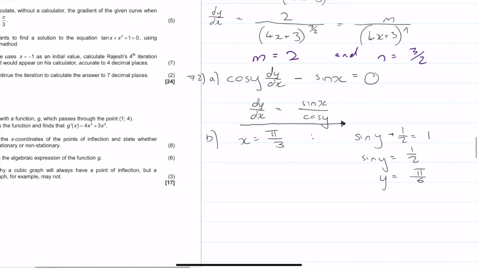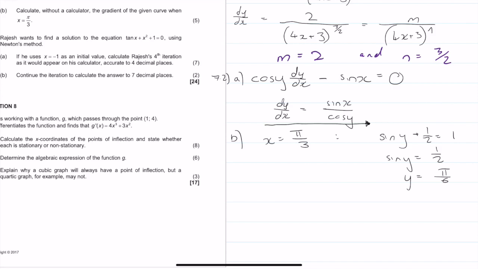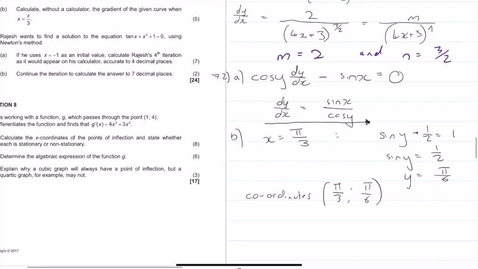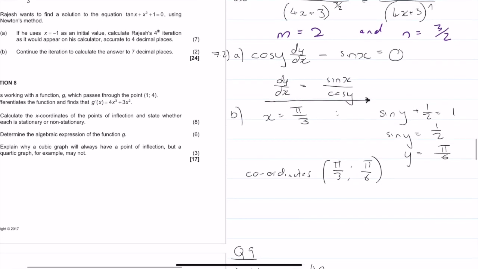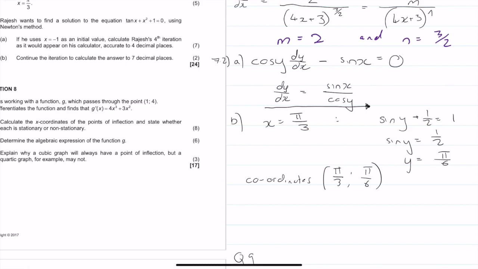Now we have a value for x and a value for y, so we actually have coordinates: pi over 3 and pi over 6. Before we only had the x coordinate, now we have both. Now we can use the equation we derived earlier. Let's call that equation 1. We substitute the coordinates into equation 1.